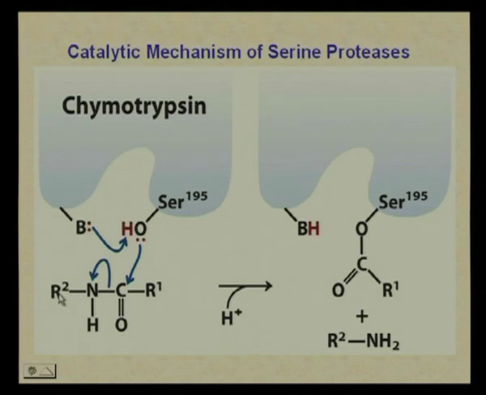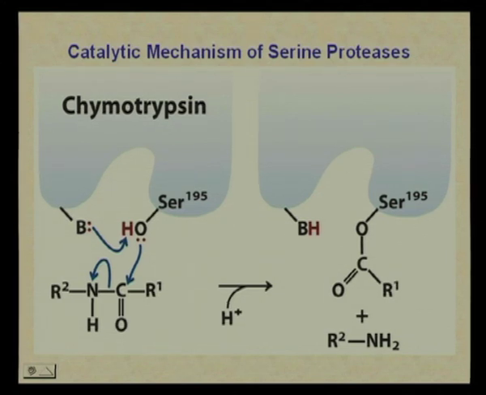So, essentially what is happening here is a cleavage of the peptide group. Now, which one is the hydrophobic group here? Which amino acid is the hydrophobic group in this case?